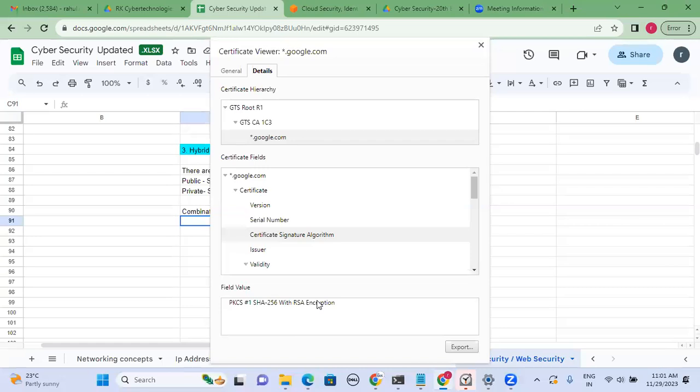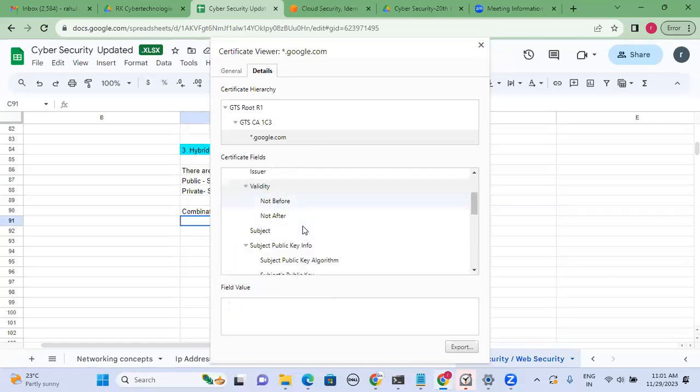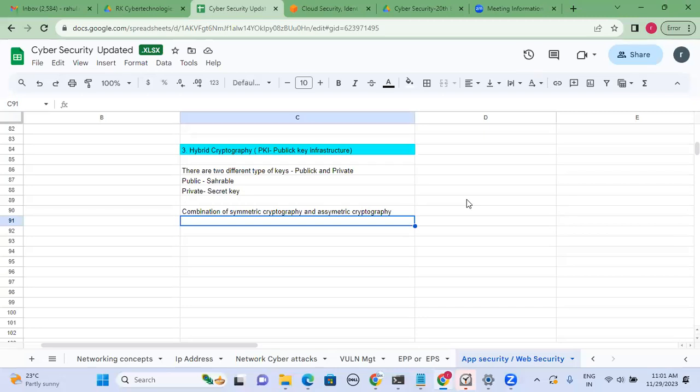RSA is symmetric or asymmetric? Symmetric. Symmetric, sir. Asymmetric. RSA is asymmetric. Okay. Issued by GTS, Google Trust Services, and where the certificate is deployed in the USA, and validity. So validity is provided, and the public key, all these are on the certificate side.